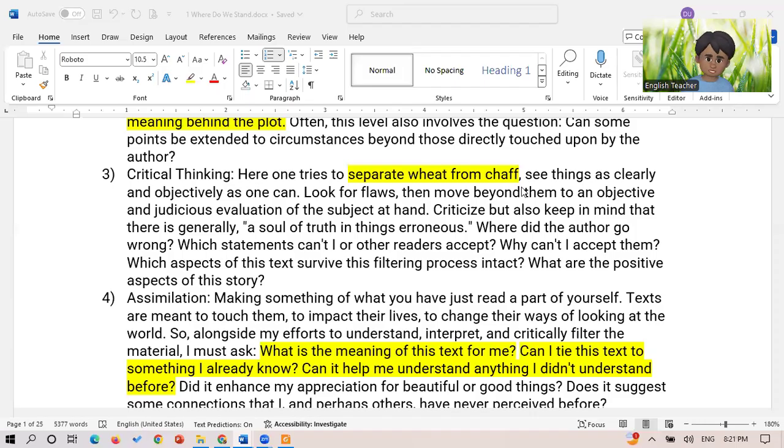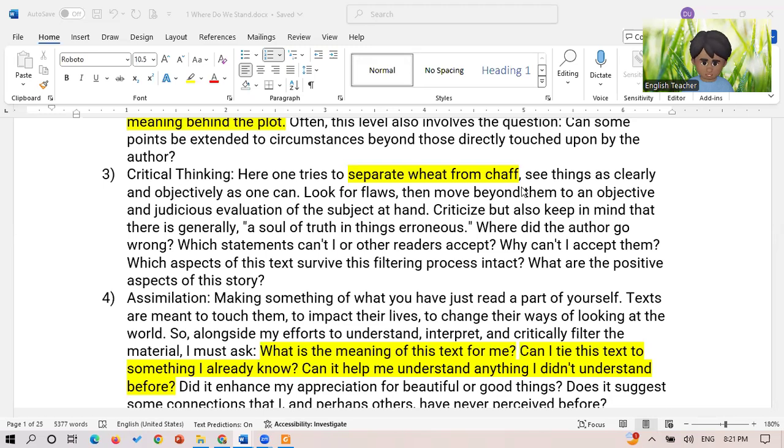So, I said, whatever you read, however faulty the text may be, every text has some essence of truth to take home. Here you can ask if the writer has said something incorrect or wrong, right?